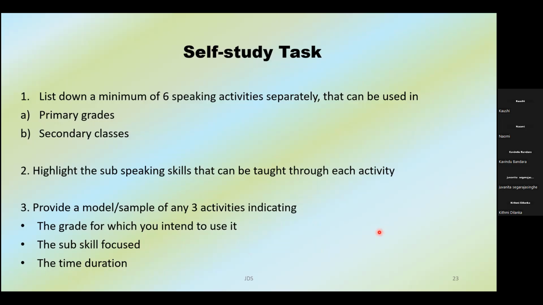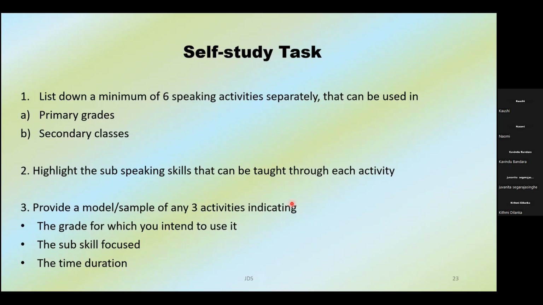If you are giving an information gap activity, give both the pictures, mention the grade for which you are going to assign those pictures, the sub-skills and the rough time duration.